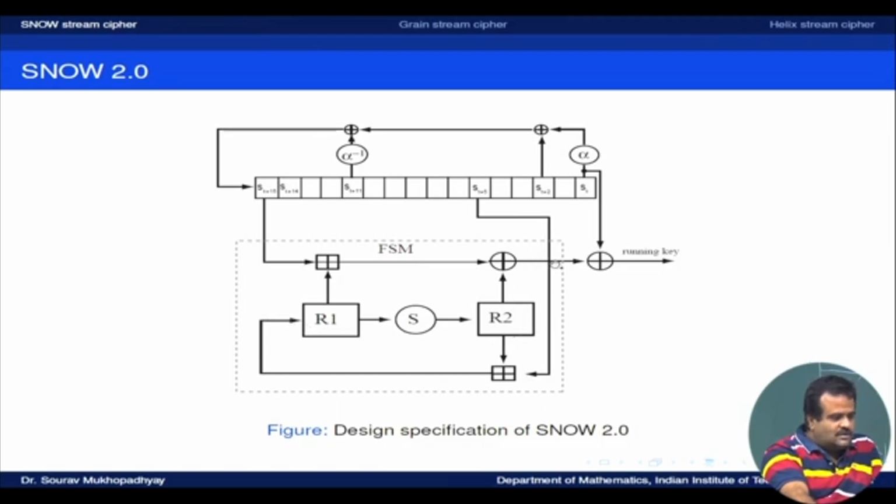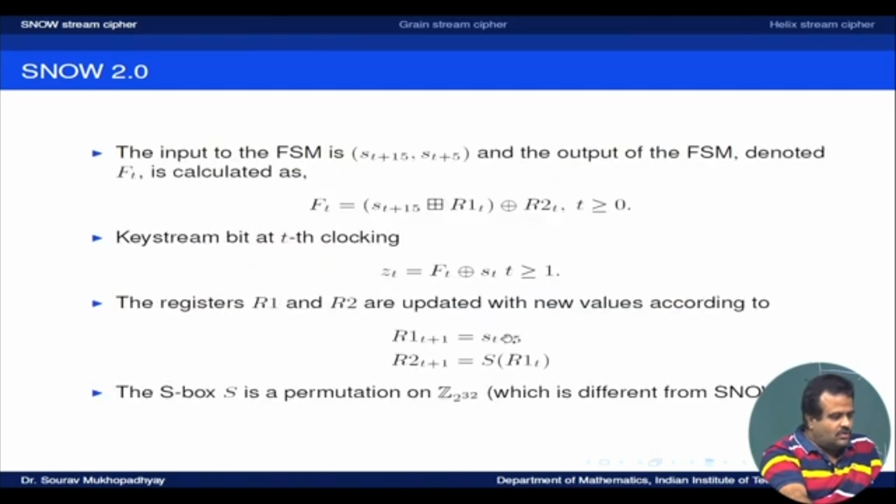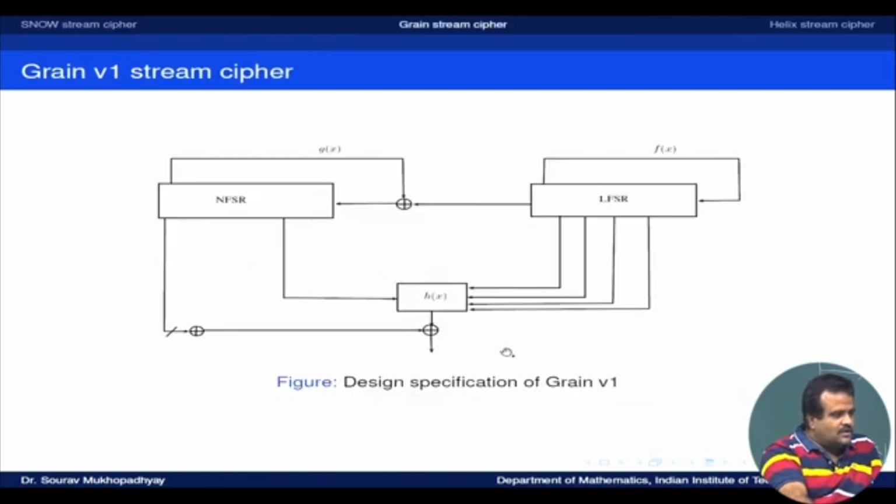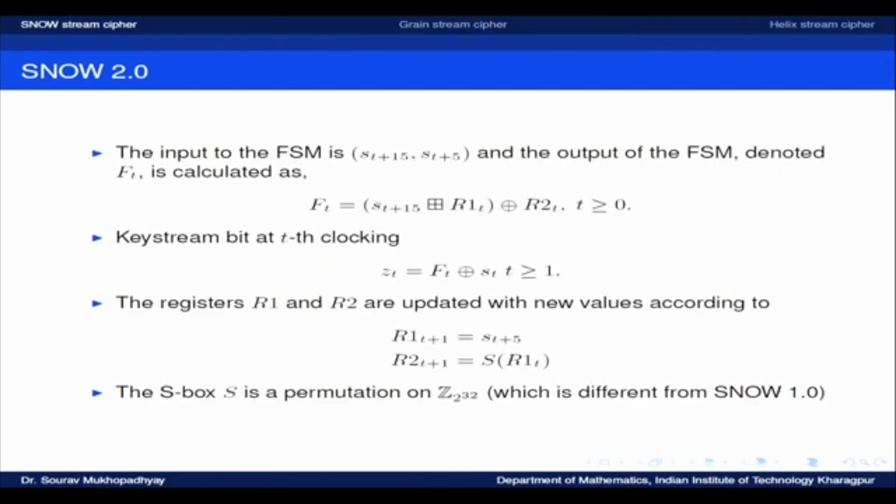This is f_t. f_t is added with R2, and that will give us the new R1. So that is the state update. And for R2, we take R1 and apply this S box, and that will be the new R2. So this is the way how we update this. This is the new version of the SNOW, called SNOW 2.